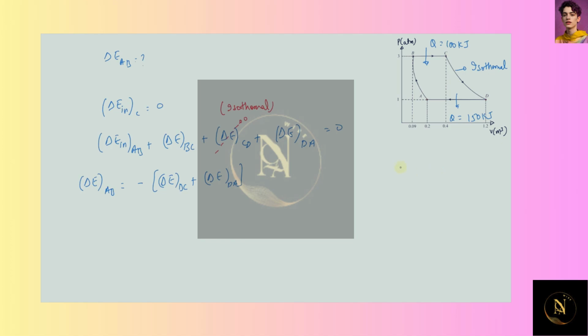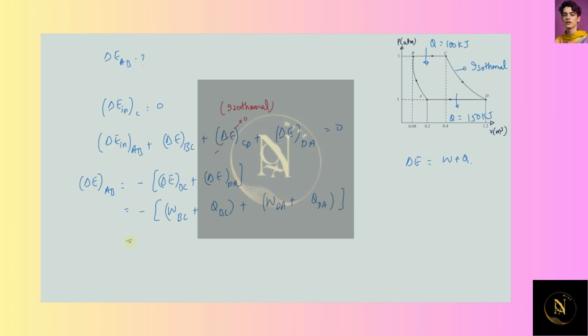Now we know that the change in internal energy is equal to work plus heat. So we can use this formula here: work in case of BC plus heat in case of BC, plus work in case of DA plus heat in case of DA.